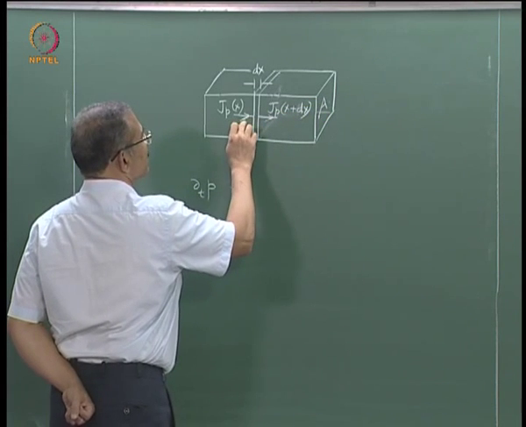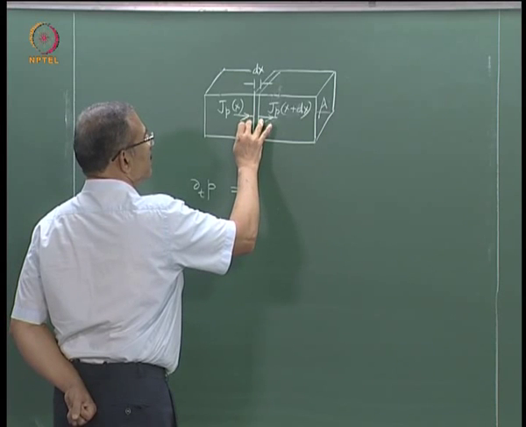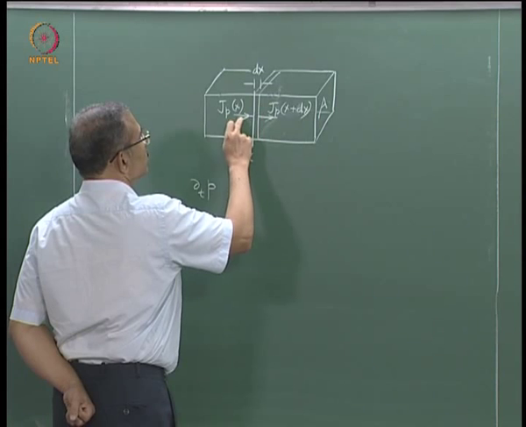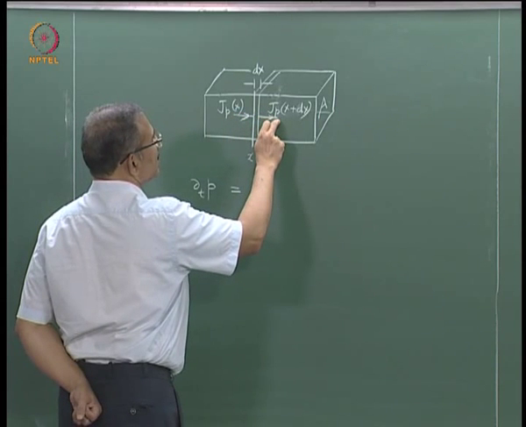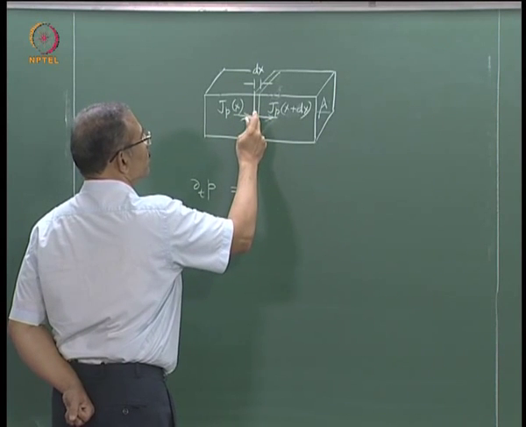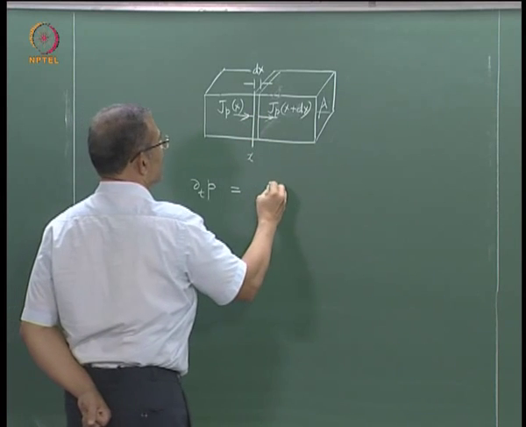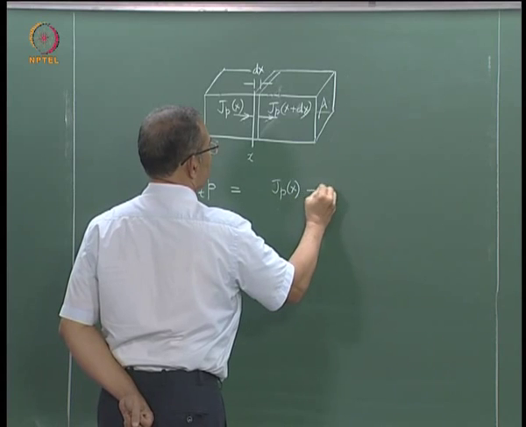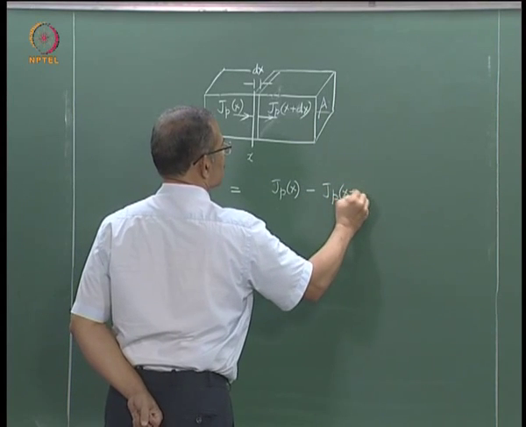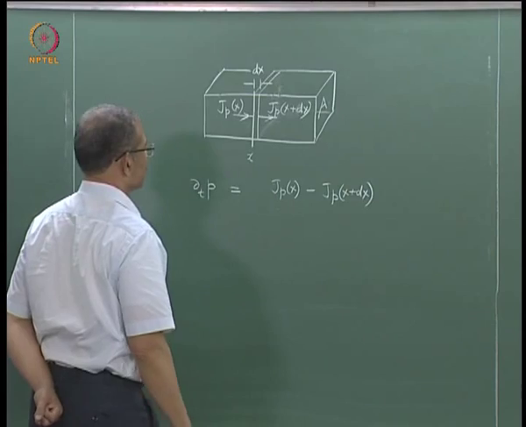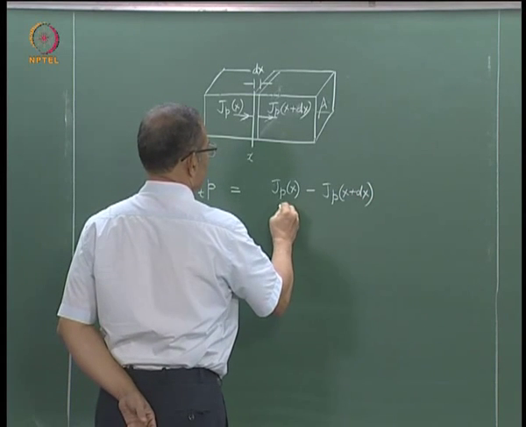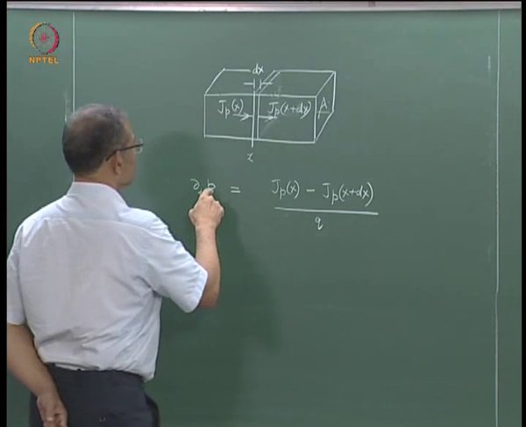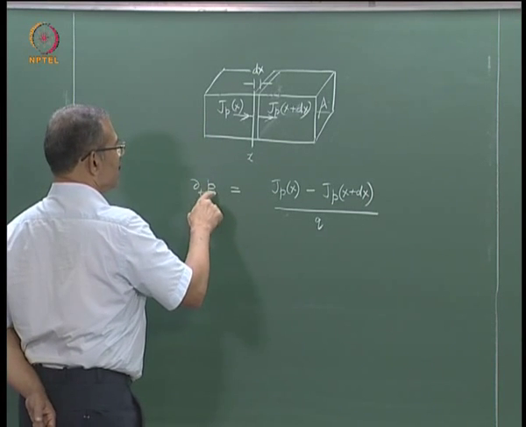Now this can be different from this. So this difference may be responsible for increase in the hole concentration or decrease. So if Jp of x is more than Jp of x plus dx, then there is a net input of holes. So this term you will represent as Jp of x minus Jp of x plus dx, and you will divide it by q because here you are talking of only the concentration and not the charge.